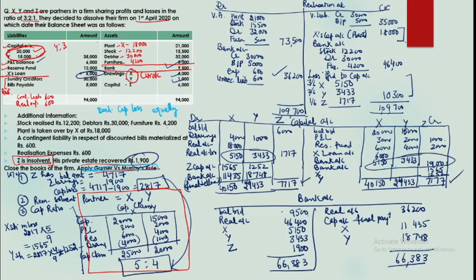It means that whatever loss we are getting here, that is 2817, can directly be divided equally among the partners. So we'll work according to the question given to us. If the question provides us something, like in this case, we'll work accordingly. And if it doesn't say anything, follow Garner versus Murray's ruling and calculate the capital ratio very carefully, because there are two rules, one for fixed capital and another for fluctuating capital.